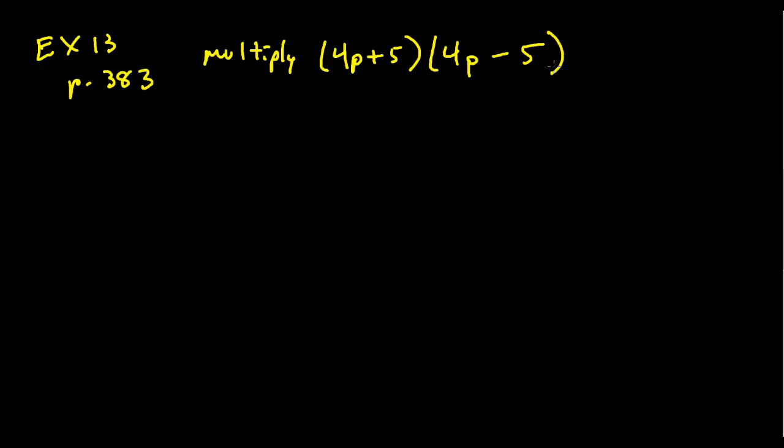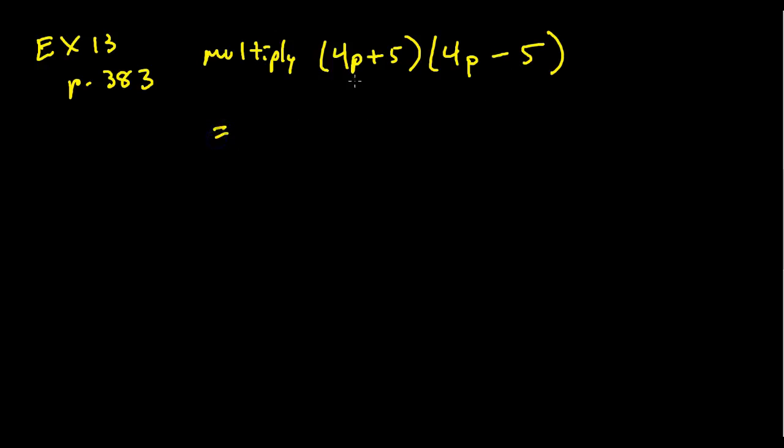All right, 4p plus 5 and 4p minus 5 are what we call conjugate binomials. They're not opposites, but the sign in between is different. Okay? And something very interesting happens in that case.